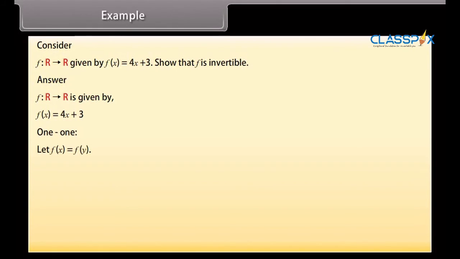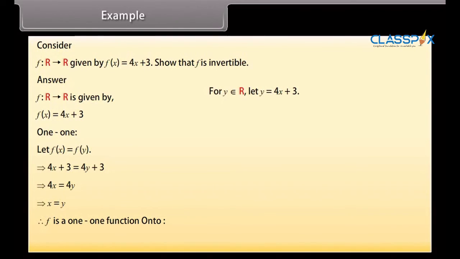Let f of x is equal to f of y, which implies that 4x plus 3 is equal to 4y plus 3. It implies that 4x is equal to 4y. It implies that x is equal to y. Therefore, f is a 1-1 function.